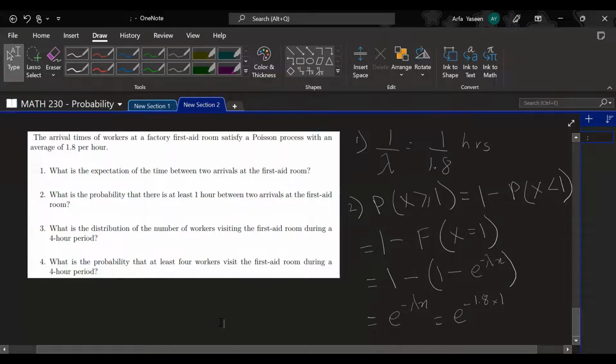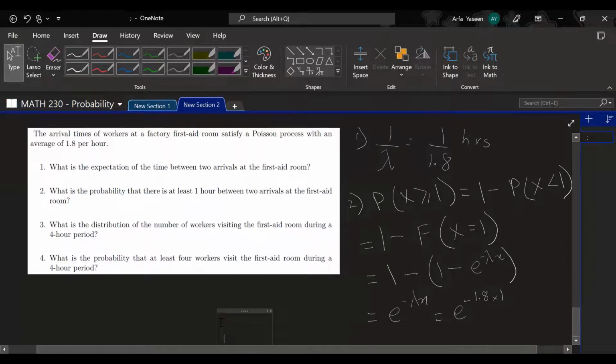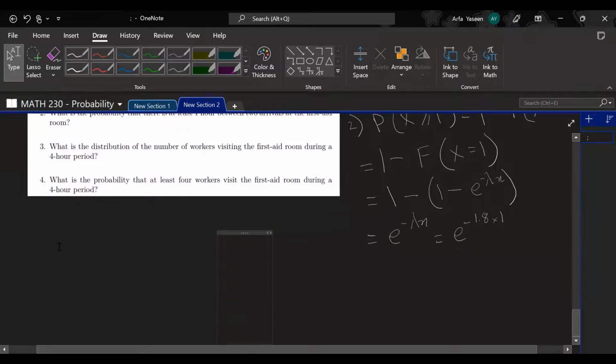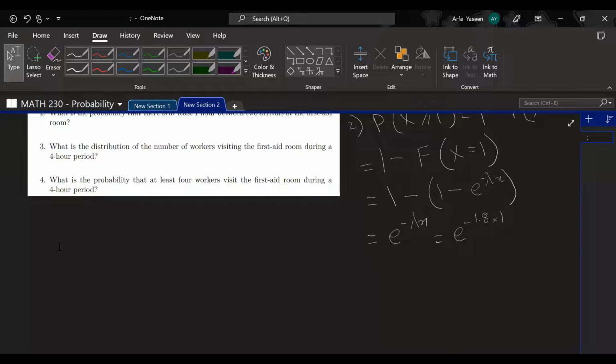Now we move on to the next part. What is the distribution of the number of workers visiting the first aid room during a 4-hour period? In this question, you can clearly see that the random variable is the number of workers arriving in a given time period. So that would be Poisson distribution.